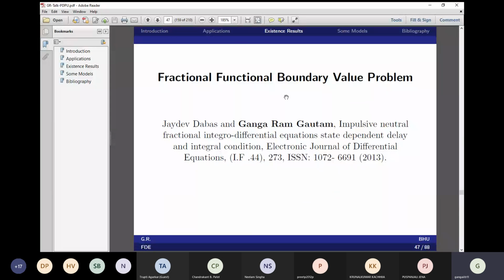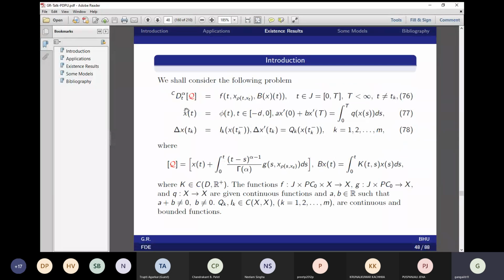I want to discuss my problem, this one. Basically this is a very generalized problem. This is a fractional differential equation, where q represents the neutral term, and f is a function of t, x(rho(t)), x(t), and so on. x(rho(t)) is called the delay, and equation 78 represents the impulsive condition.